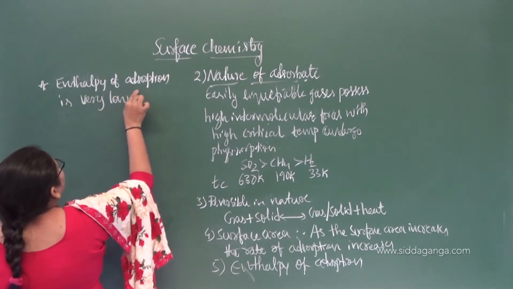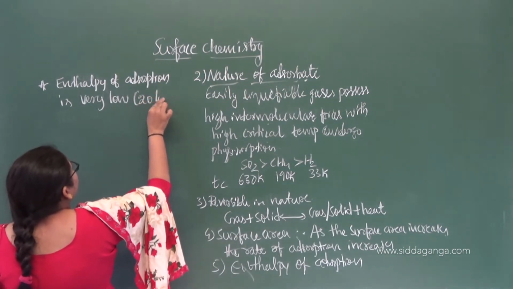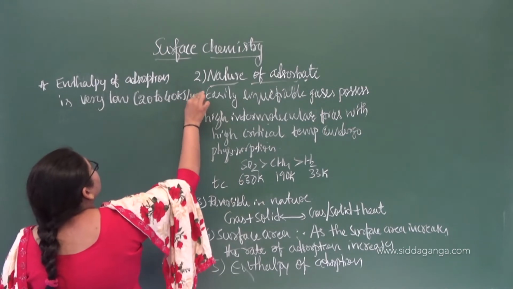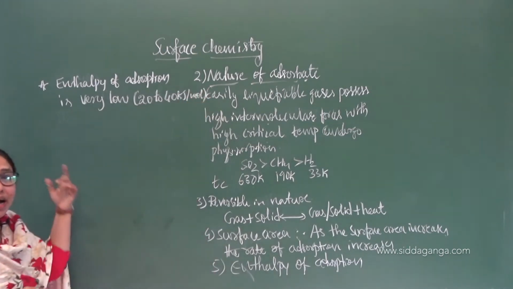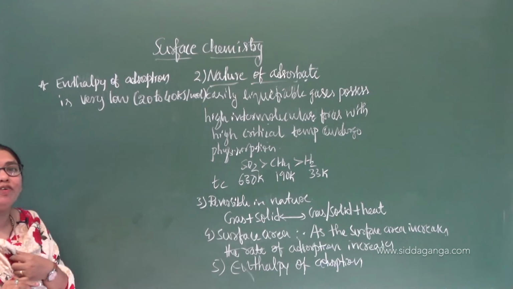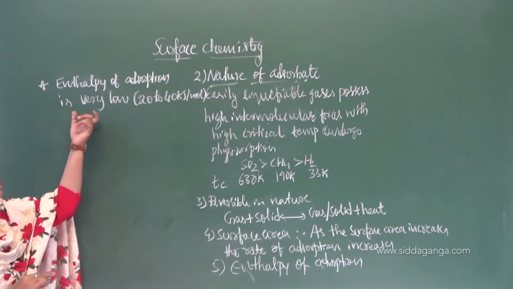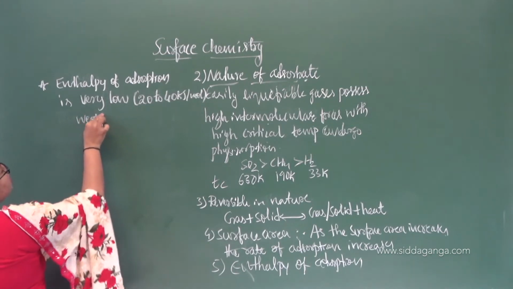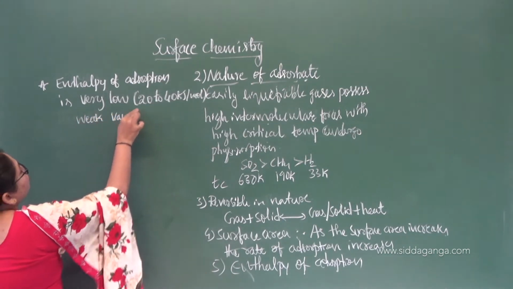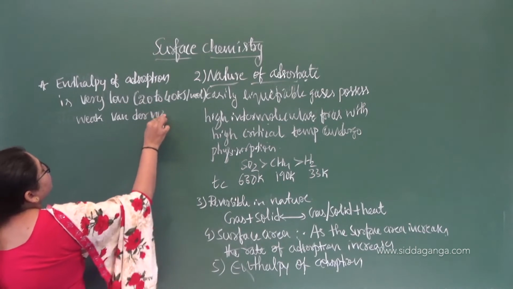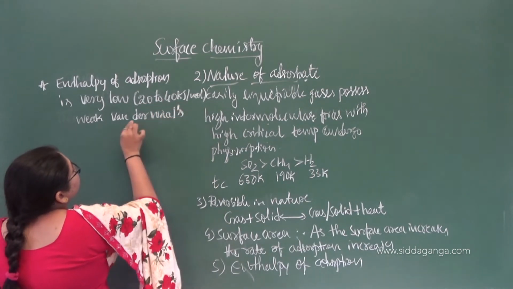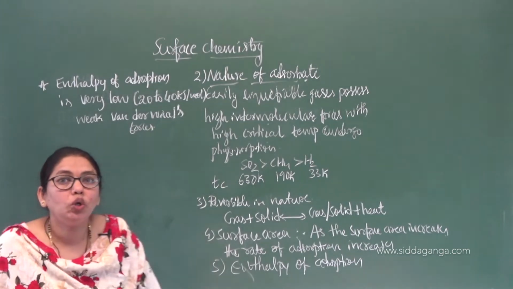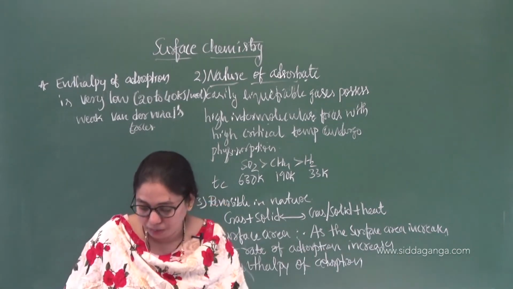How much? Nearly 20 to 40 kilojoules per mole. So, are you getting this? What is the cause for this much low enthalpy of adsorption? It is mainly because of weak van der Waals forces of attraction. Because of this, they have low enthalpy of adsorption.